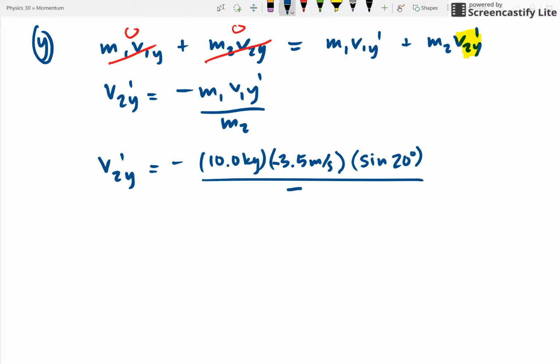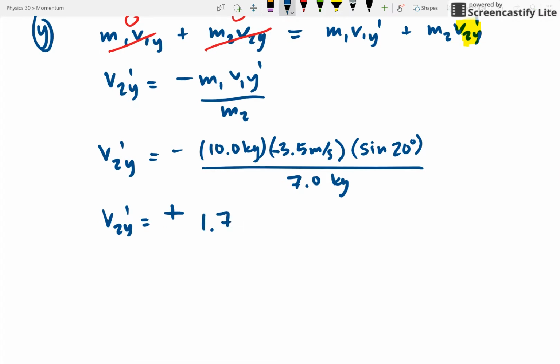Then we divide by the mass of the second ball. Let's put this in our calculators. This should be a positive velocity upward: 10 times 3.5 times sine of 20, divided by 7. So 1.7 meters per second.